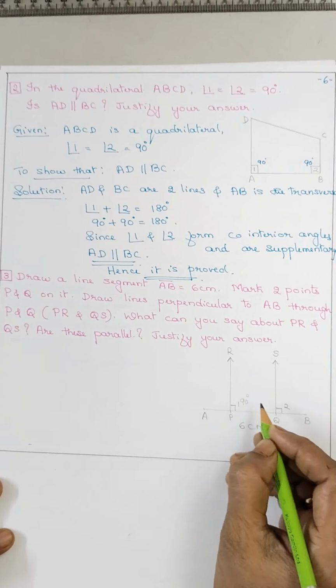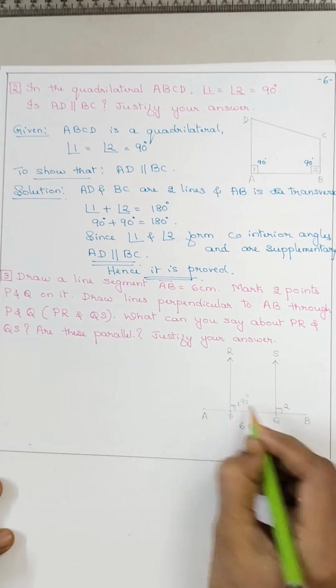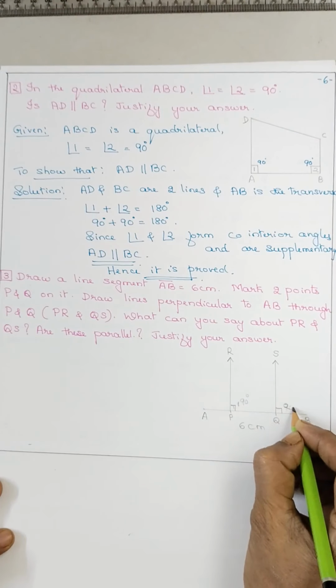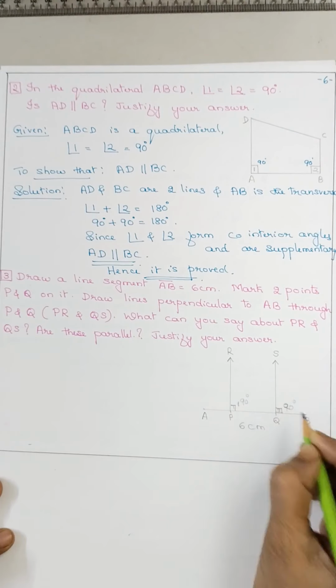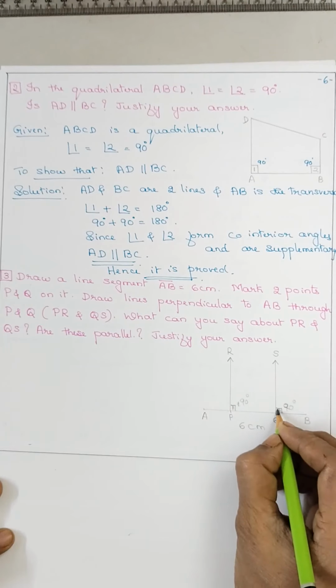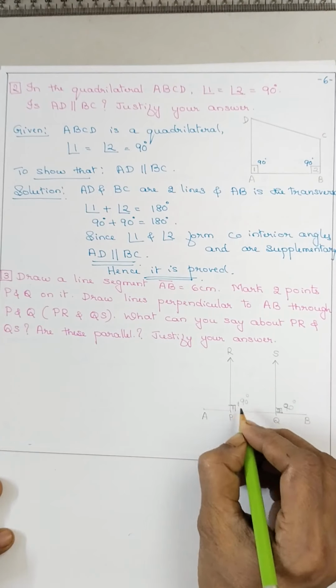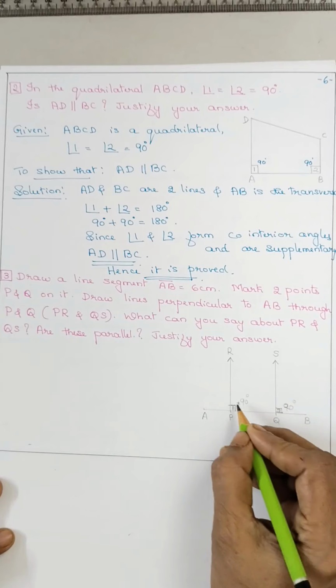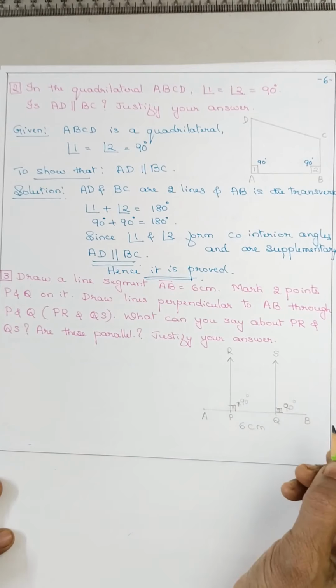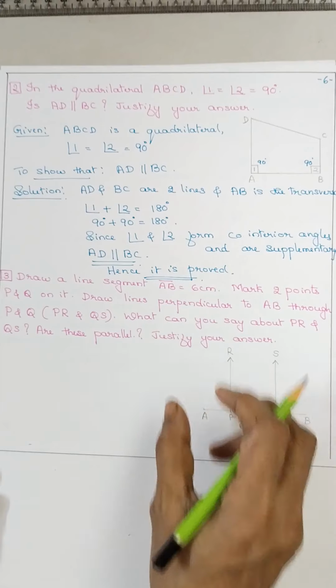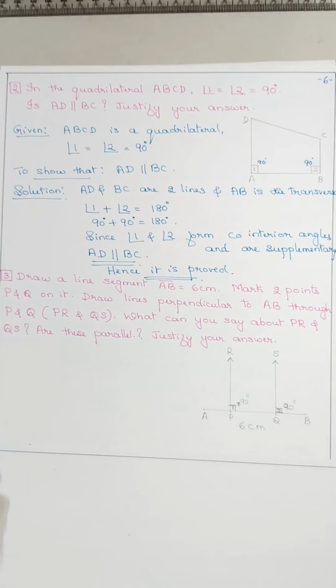Perpendicular means the angles will be 90, isn't it? This is angle 1 and angle 2, we are giving the names. Angle 1 and angle 2 are 90 because they are perpendicular to AB.